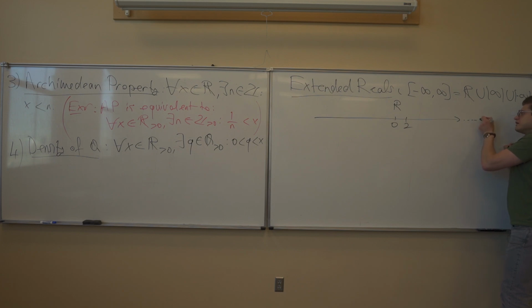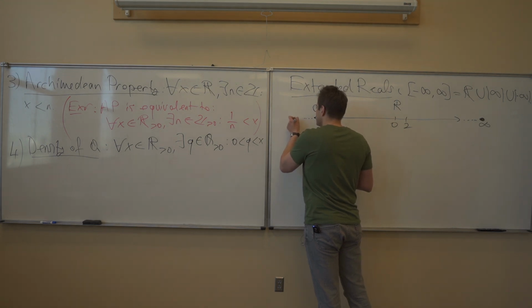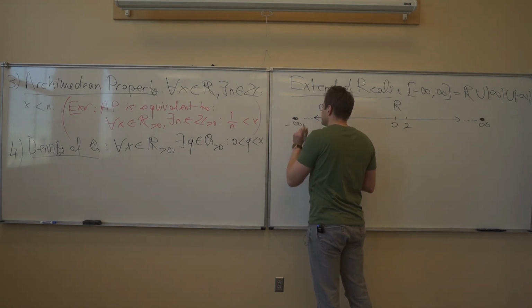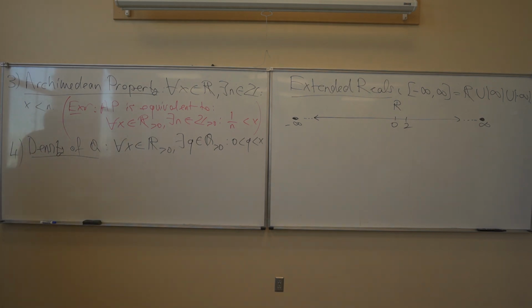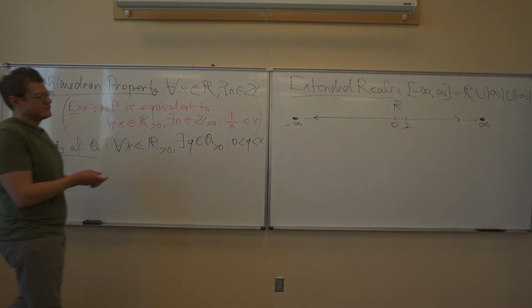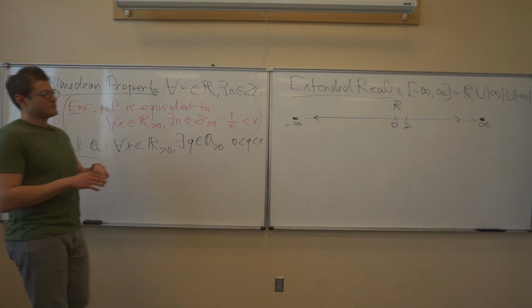And then somewhere here is yet another point that is denoted by infinity. And then somewhere here, there's another point denoted by minus infinity. Okay. Now the point is how to make sense of this without saying I'm just adjoining this symbol and so on.